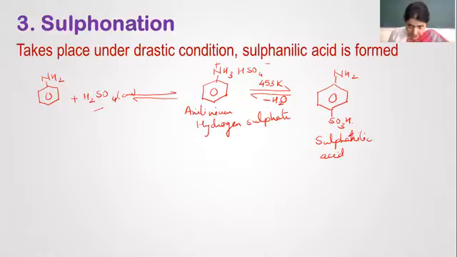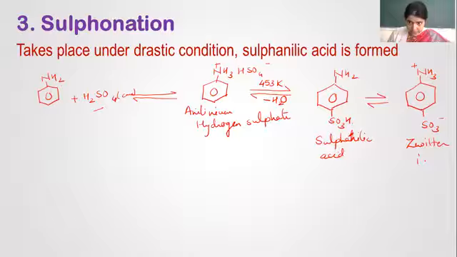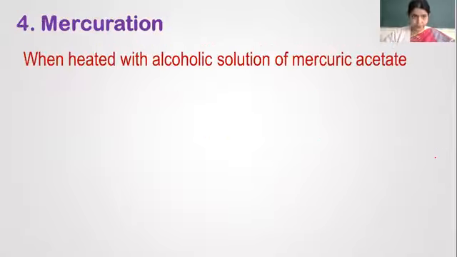This sulfanilic acid exists in the form of a dipolar ion, known as a Zwitter ion, NH3+ and SO3-. So this is the third electrophilic substitution reaction, sulfonation.